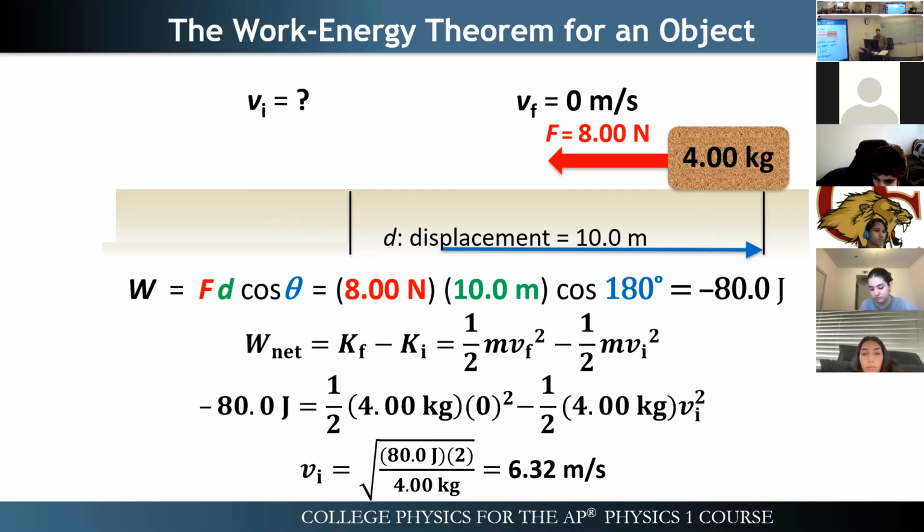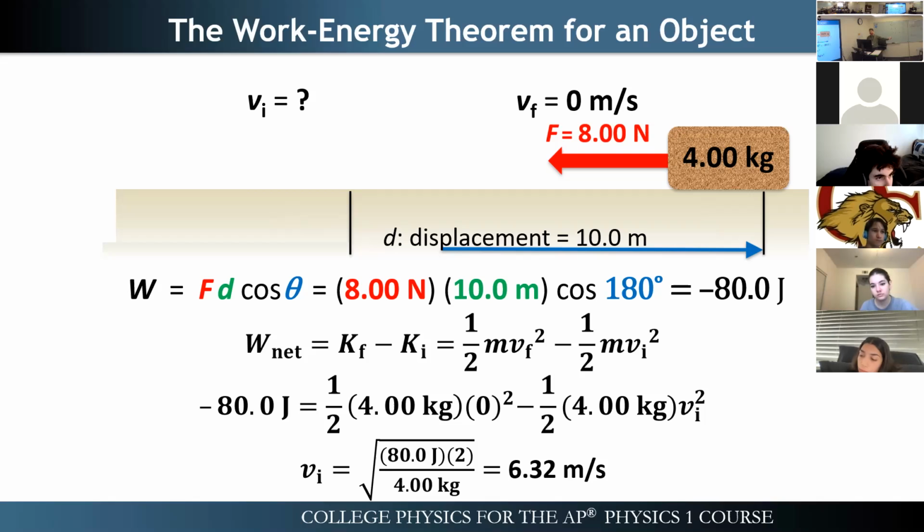If you had a negative in the radical, you couldn't take the square root, right? So sometimes you'll get a problem where you end up with a negative, but just remember, work is a scalar. The negative is telling me something about the force, not the work. So if you ever end up with a negative in the radical, don't worry about it when you're dealing with work or energy. And in this case, we find out that the initial velocity was, like we predicted, 6.32.